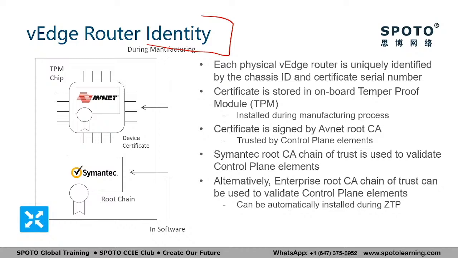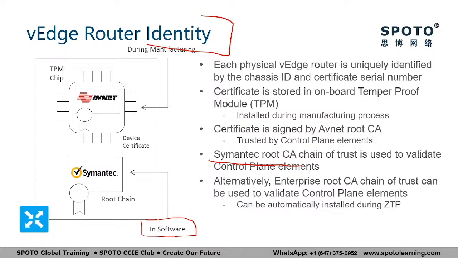Symantec root CA chain of trust is used to validate control plane elements. Alternatively, enterprise root CA chain of trust can be used to validate control plane elements. So basically, you can use the Symantec root CA to validate the control plane elements as in software, or you can create and build a root CA by yourself in your own environment.